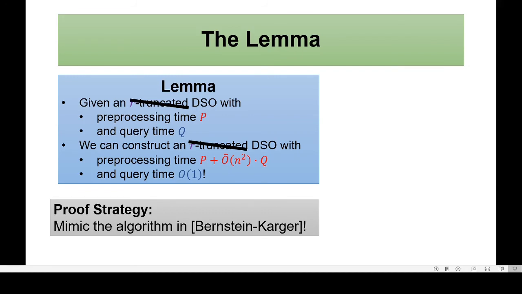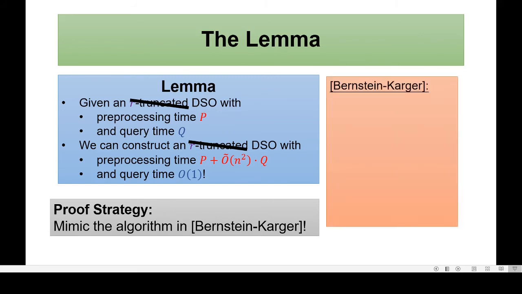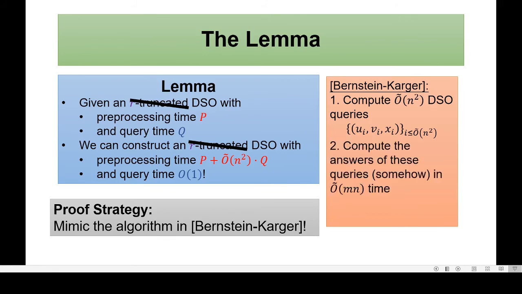Recall that the Bernstein-Karger paper constructed a DSO with tilde O mn preprocessing time and constant query time. We can abstract their algorithm as follows. Their first step is to compute tilde O n squared DSO queries, and these queries are somewhat structured, so they can somehow answer these queries in tilde O mn time. After that, they showed how to build a DSO from the answers of these DSO queries.